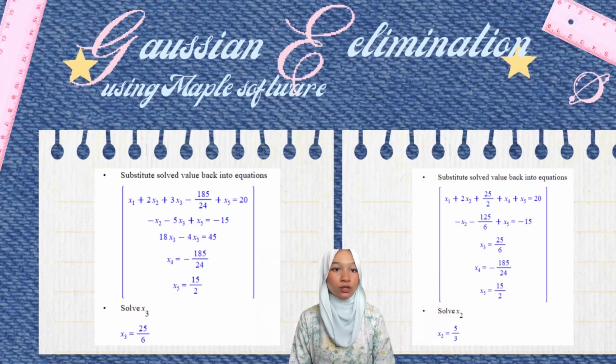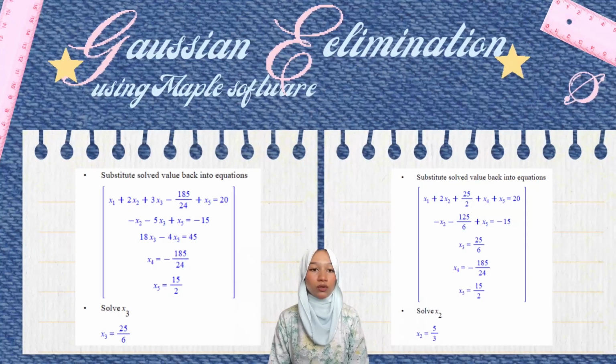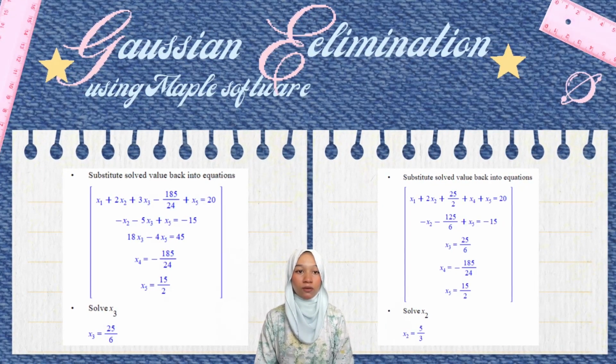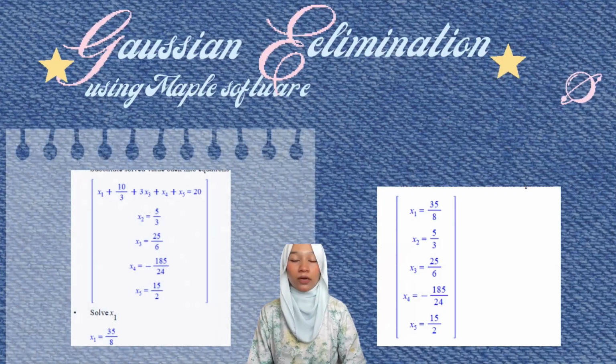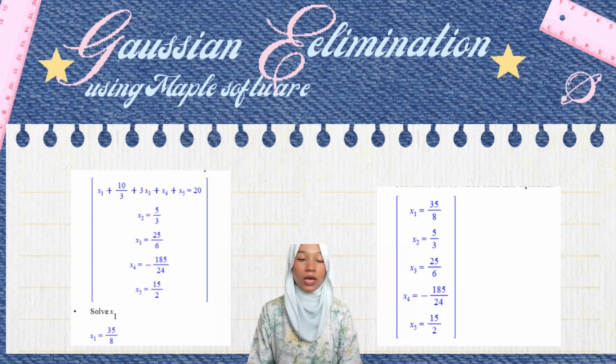Then substitute the values of x5, x4, and x3 into the equation, and we will get the value of x2, which is 5 over 3. Then substitute the values of x5, x4, x3, x2 into the equations, and we will get the answer for x1 equals 35 over 8.